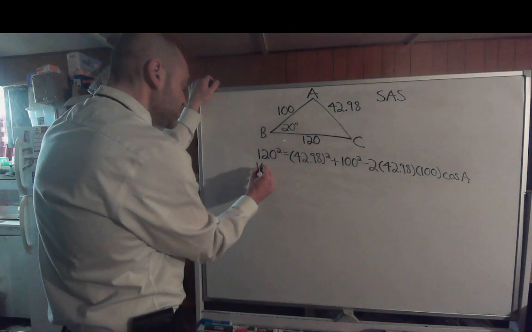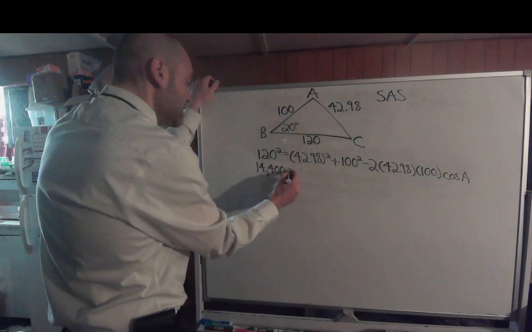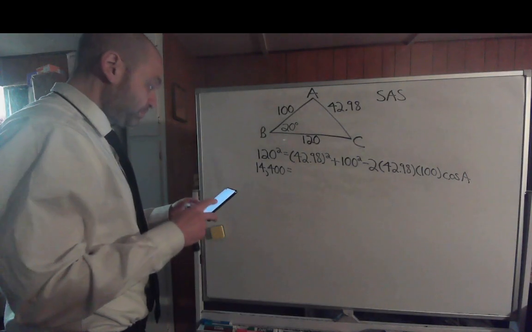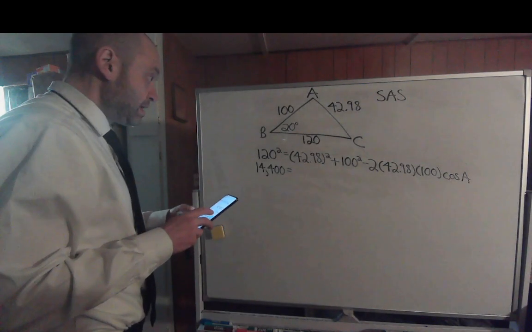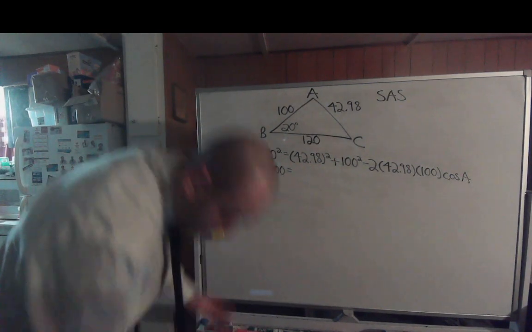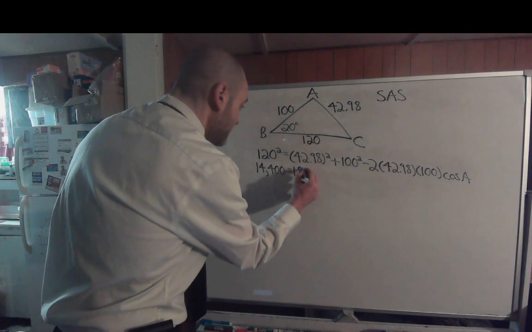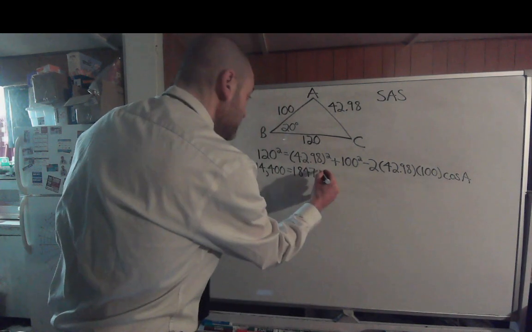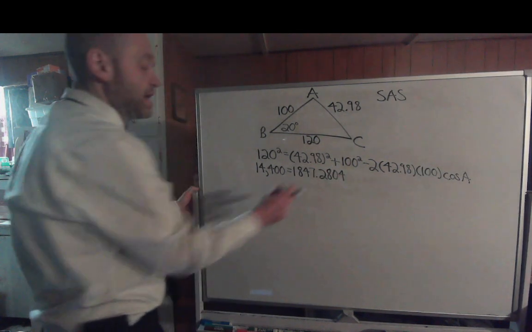So we know 120 squared was 14,400. Now let's figure out what 42.98 squared is. That's about 1,847.2804, which I'm going to keep all the decimals there for now.